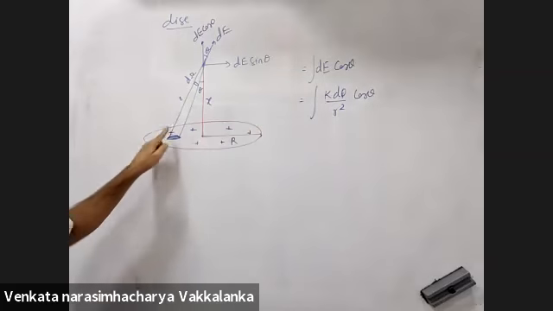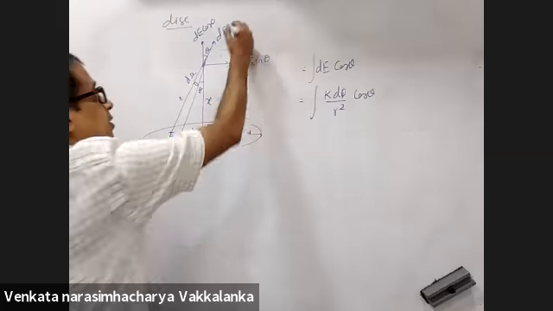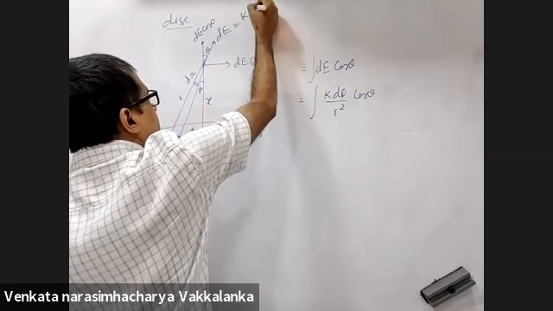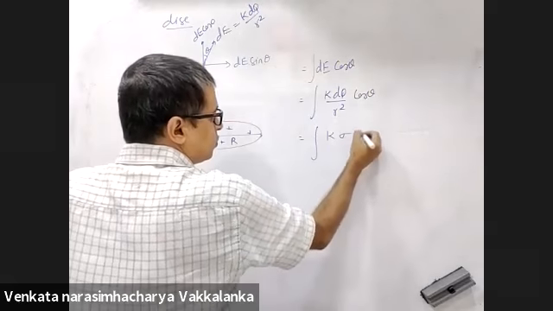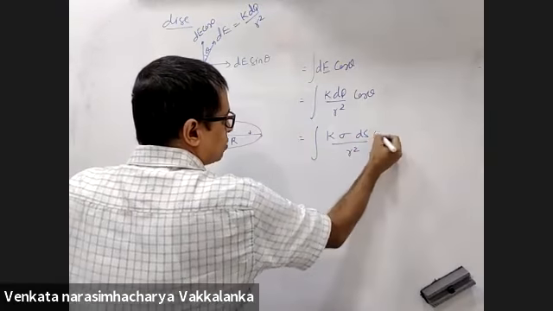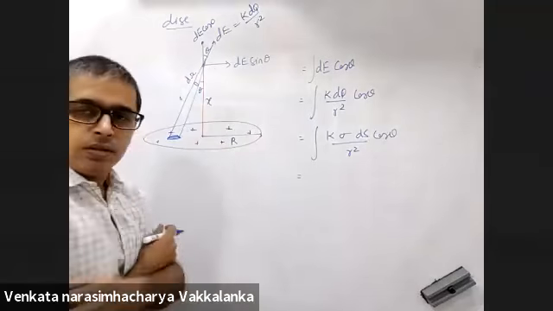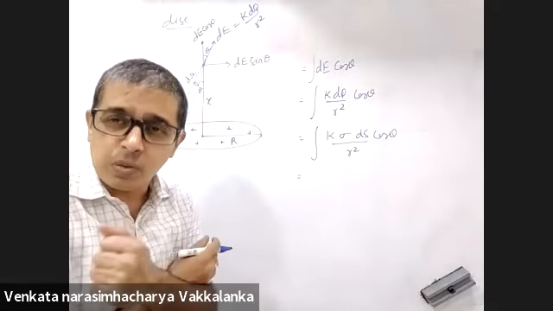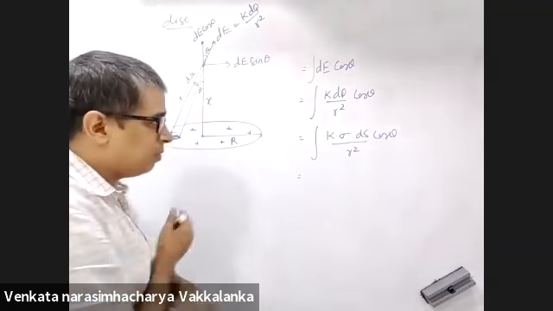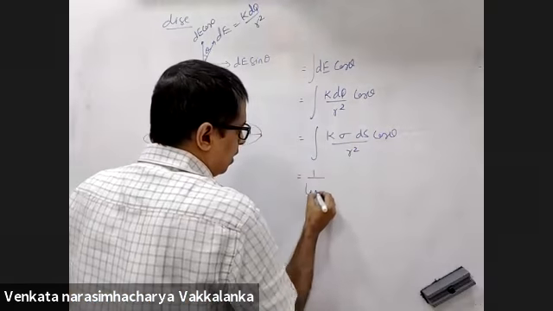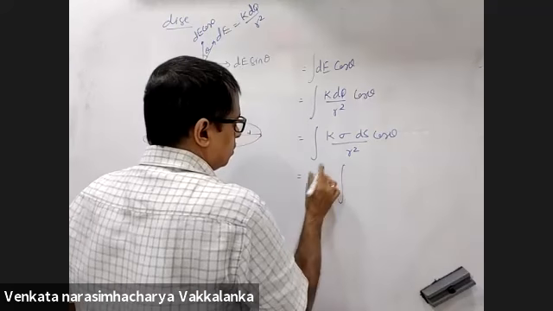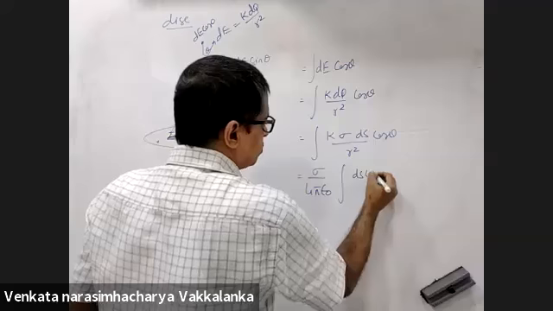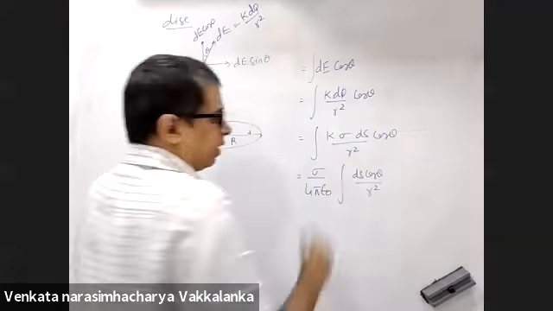This distance is r. dE is k dq by r square, k sigma ds by r square cos theta. Sigma ds is dq. So 1 by 4 pi epsilon naught, sigma ds cos theta by r square.